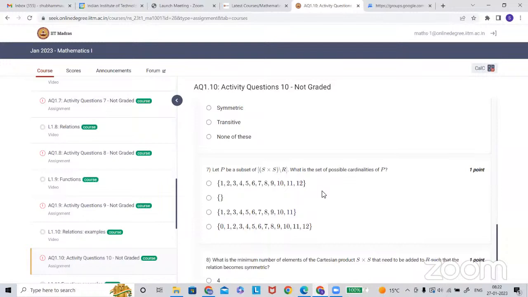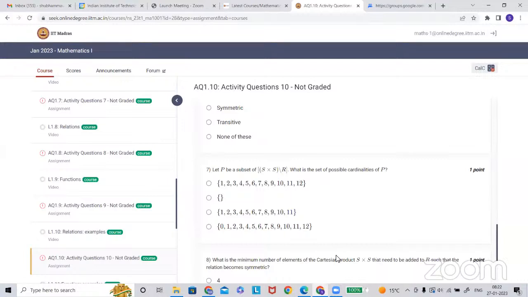Then what is the cardinality in that case? Empty is always a subset of this set, and P can be empty. So in that case the cardinality is 0. That's why this option is wrong and this option is true.